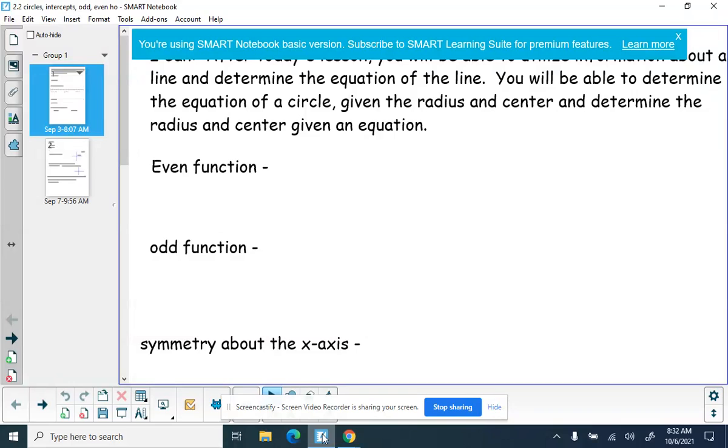Okay. Then we're going to continue on with the idea of functions. So work with functions and equations of lines. Today we're going to talk about symmetry, the idea of symmetry, odd and even functions.